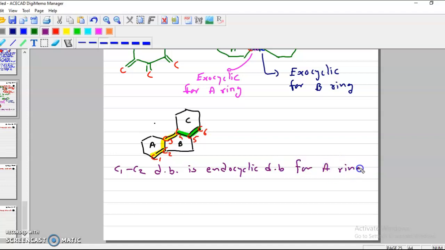Now, will it be exocyclic for any other ring? The same double bond? Yes. Why? Because C2 is in B ring, but C1 is not in B ring.